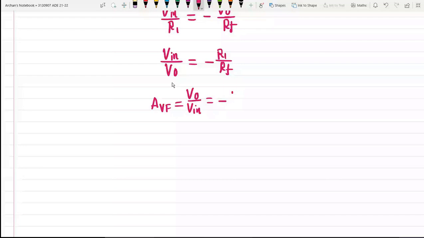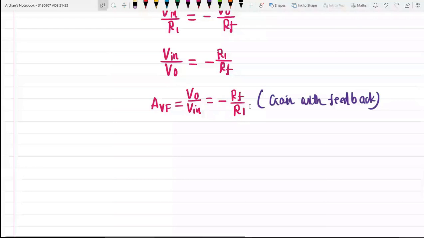So this is the gain of the configuration with feedback. This ratio RF by R1 is nothing but the gain of the amplifier, and this negative sign indicates that the polarity of the output is opposite to that of the input, and this is the reason why this configuration is called an inverting amplifier.